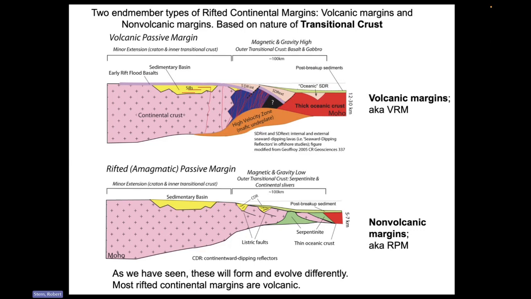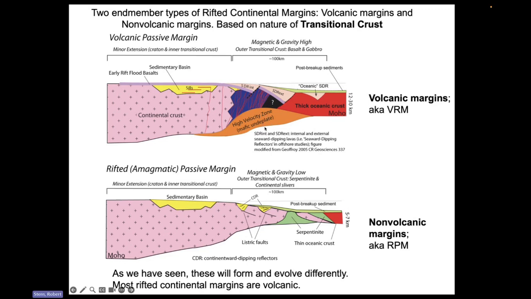Now, the other end member is that there are places where the transitional crust is just thin continental crust, where for one reason or another, there was no igneous activity during early rifting. And in these regions, we find exhumed upper mantle as serpentinites. So we'll talk about these two examples.